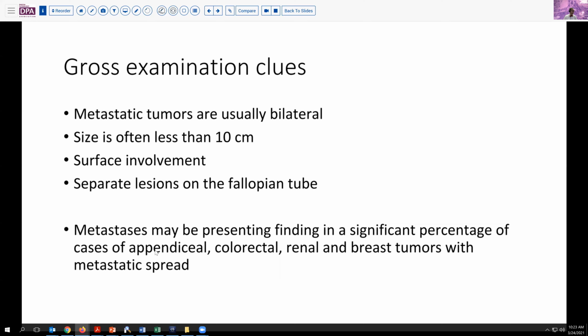So particularly appendiceal and a significant portion of colorectal tumors, as well as occasional renal and breast tumors, may present initially as the first awareness of the disease in the form of an ovarian metastasis. Of course, that's very disconcerting for the patient, but it's even more embarrassing for the pathologist if you mistake that tumor for a primary ovarian type tumor.